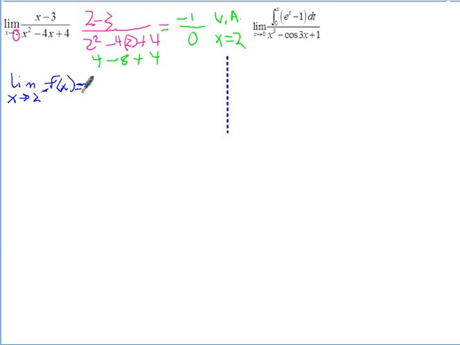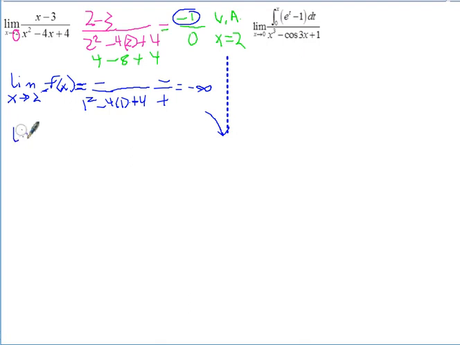Well, remember you use the sign for the numerator, which is negative, so negative divided by... If you plug in something to the left of 2, like 1, that'll be 1 squared, and 4 times 1 is 4. That gives you a negative divided by, the 4's cancel here, positive 1, so that's negative. So from the left, we're approaching negative infinity.